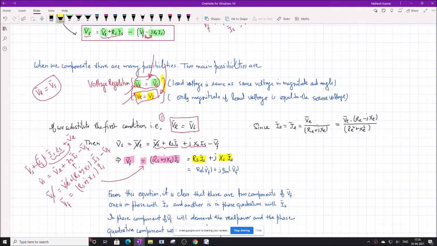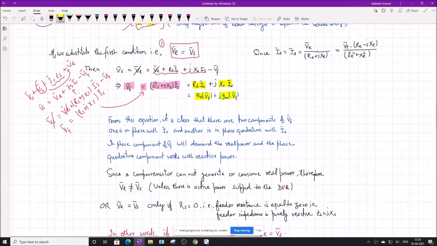You can say this is the real part of VF and this is the imaginary part of VF. Now the problem is that the real part of VF basically means the in-phase component of VF, that is the component of VF in phase with IS.